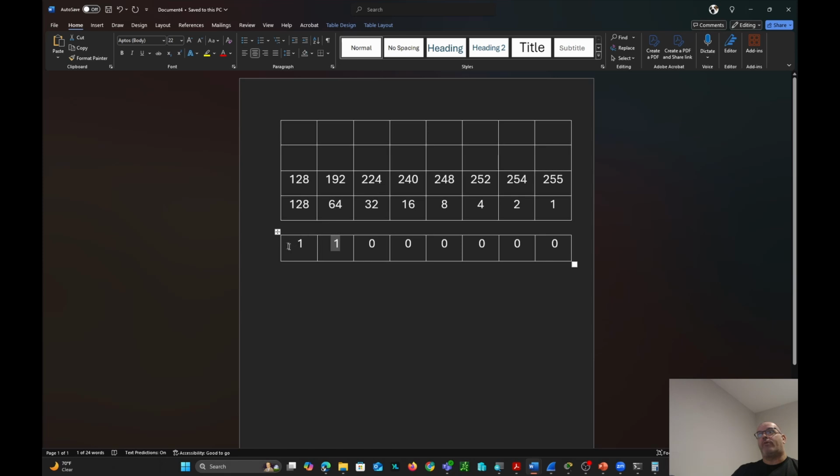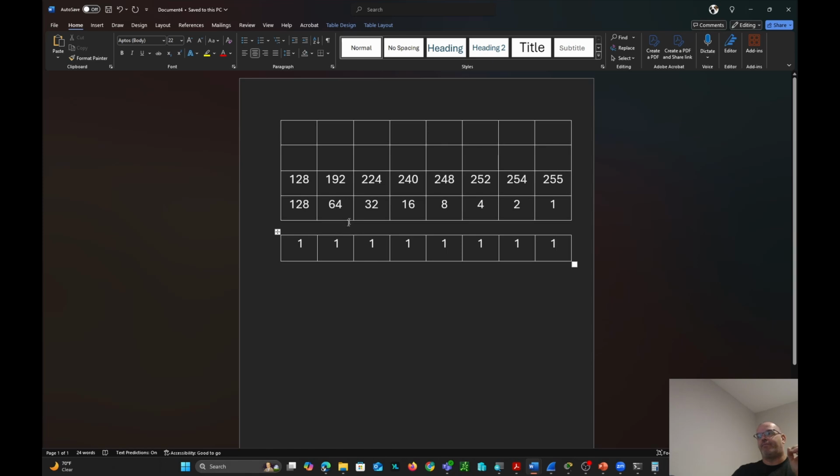Whenever we were trying to figure out a number in binary, we were putting 1 if this number added to another number equaled the number we were searching for, correct? So from a binary standpoint, 255 looks like this. It's just all ones, okay?